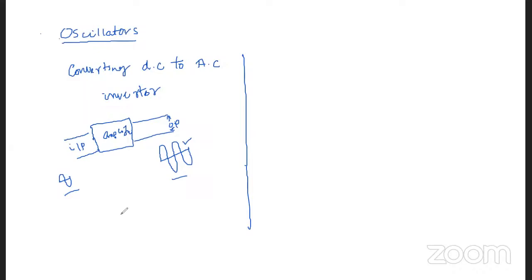As we have seen, for an amplifier as well as an oscillator, I'll draw both block diagrams here. So this is the signal input we are going to give. The signal input will be there, as it is an amplifier, and it will be connected to a DC power source.